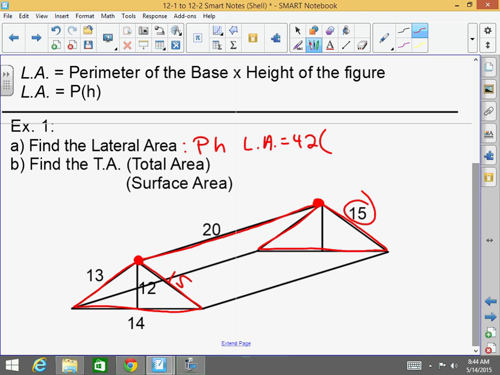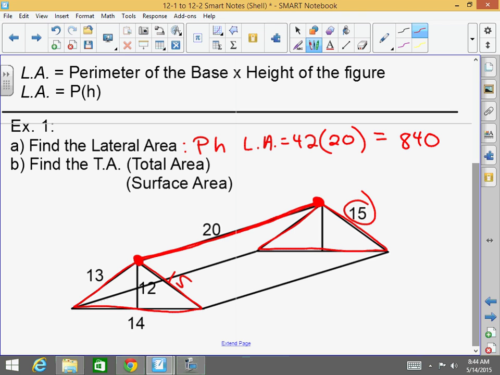The height of the prism is from base to base. Great mistake, by the way, I'm very proud of you. The height of the prism is the distance from the vertex of the base to the other base. So I've got 42, which is the perimeter, times height, which is 20. And that's going to equal 840.